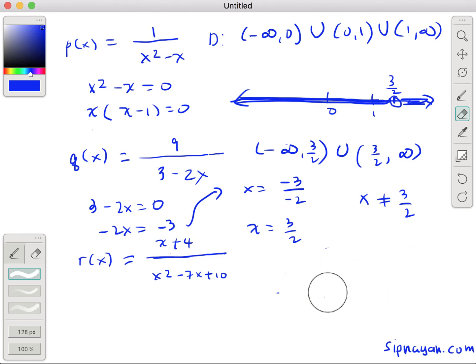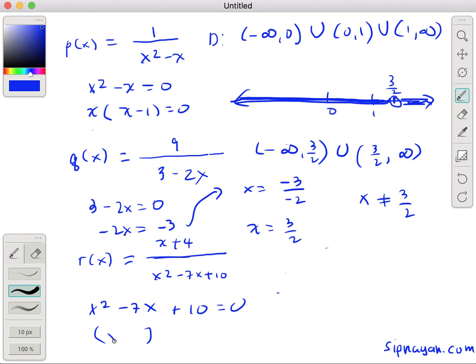So, yan na yan. Now, for the third function, ganun pa rin. Equate pa rin natin yung denominator sa 0. So, x squared minus 7x plus 10 equals 0. I think this is obvious. This is factoring. No? So, x minus 2, x minus 5 equals 0, meaning x equals 2 and x equals 5. No?